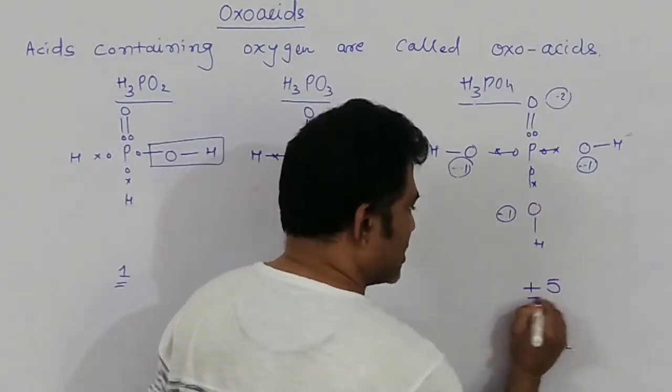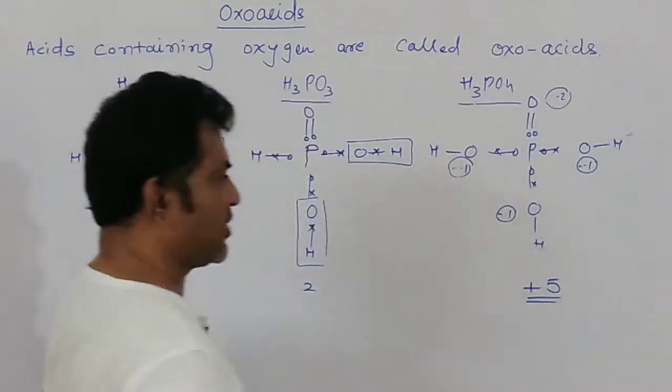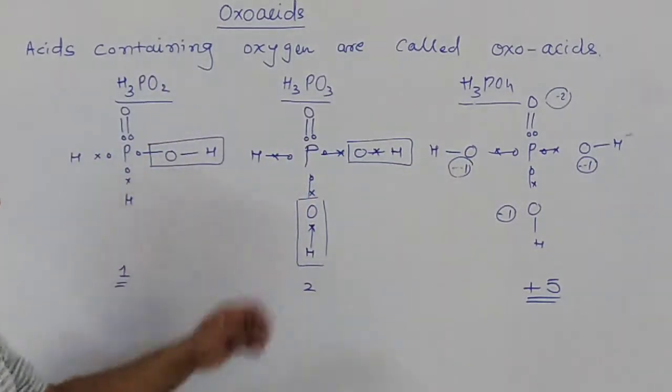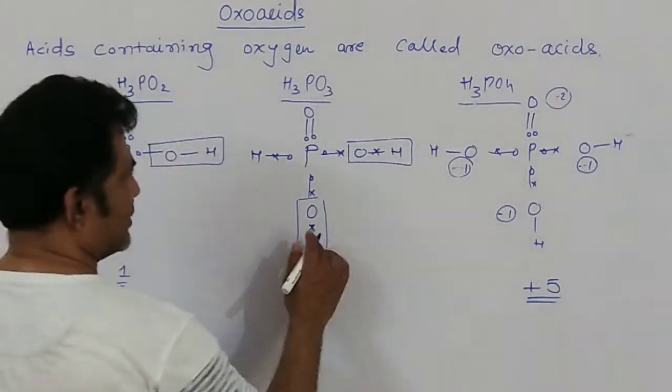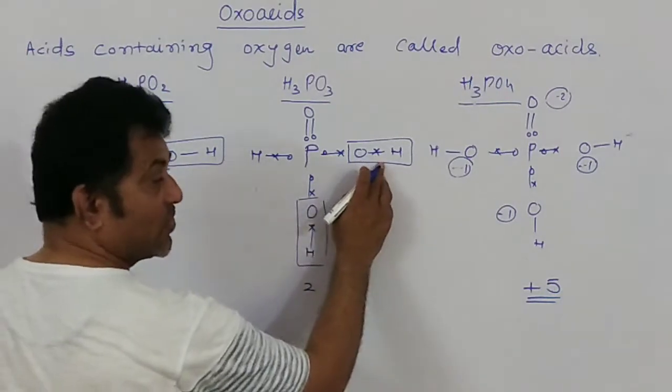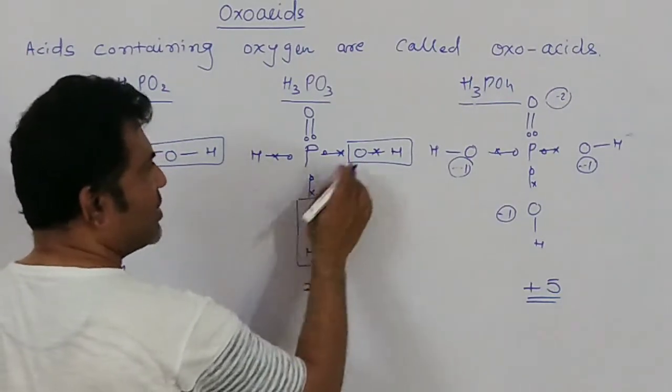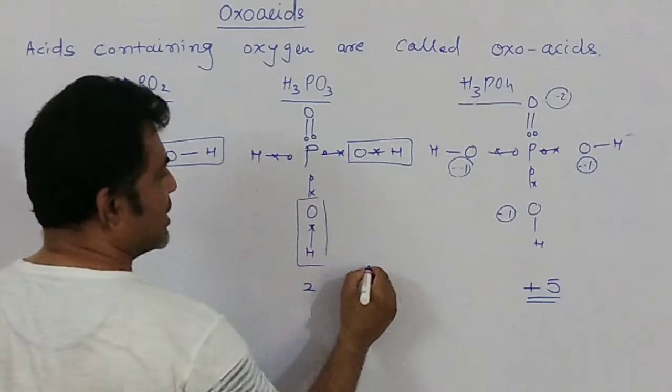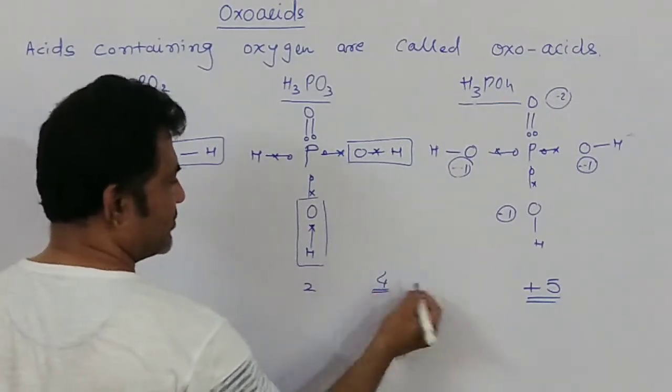So this is the oxidation state of the phosphorus here. Okay, ચલો આમાં ગણો 1 2. Okay, here 1 2 અને અહીંયા 2. That's why here 4.